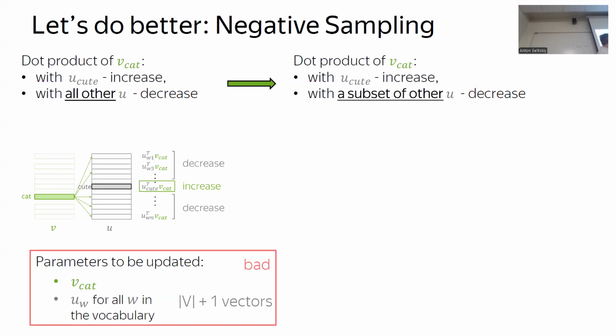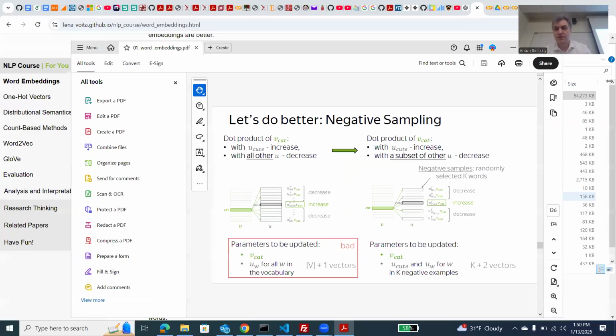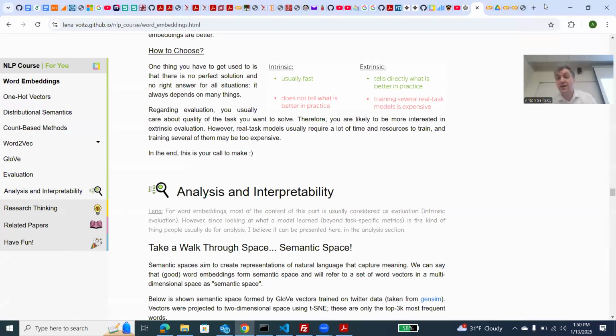In this case, instead of calculating the dot products between all the words in the vocabulary, we will calculate only the dot product between some k. In practice, it's about 10 words. And it will speed up the training a lot. I will show you the code, and you can train this in just a few hours on your machine.